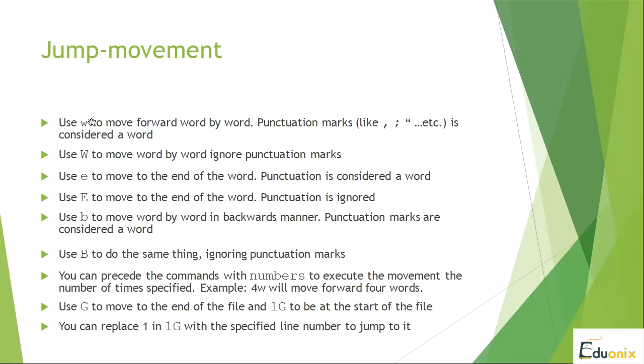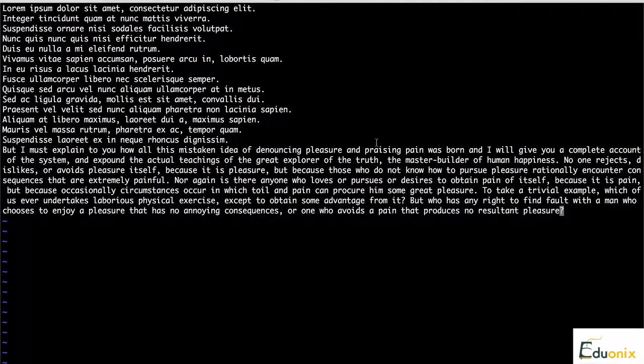The first one is the w. The w makes you move inside VI word by word. But the w in its small case letter considers the punctuation marks, like the comma, the semicolon, any other punctuation mark, as a word. If you have a look at our example, and let's go to this paragraph we have just pasted.